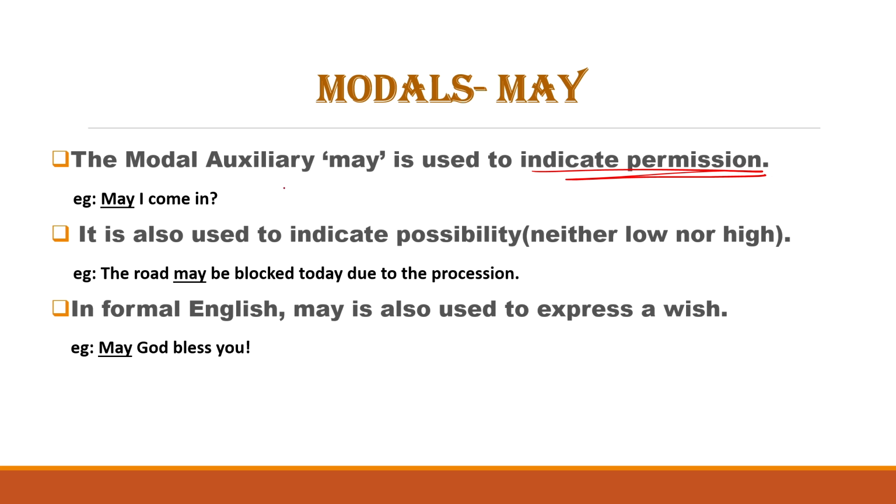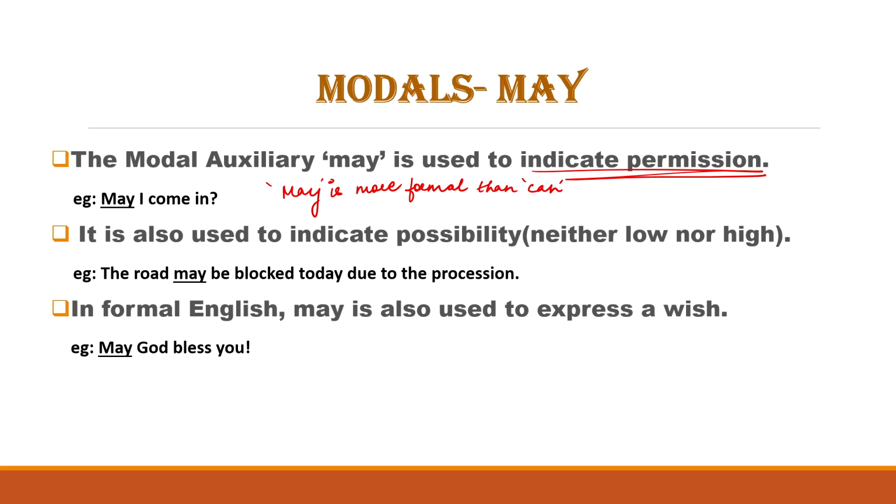So, keep this in mind, may is more formal than can. So, supposing you are seeking permission from your teacher to go to the washroom, you will use may. You will not use can, you will use may because it is more formal.